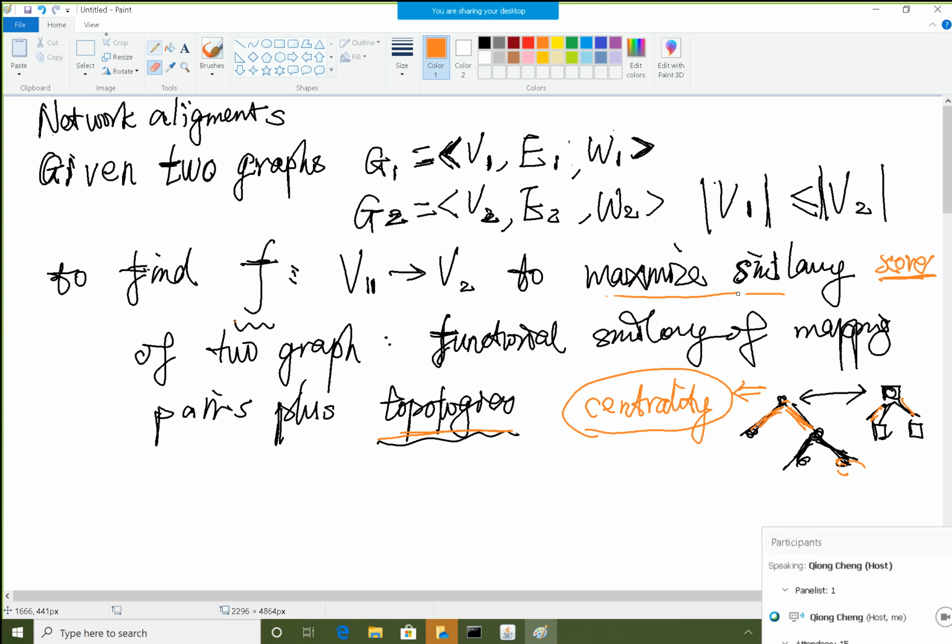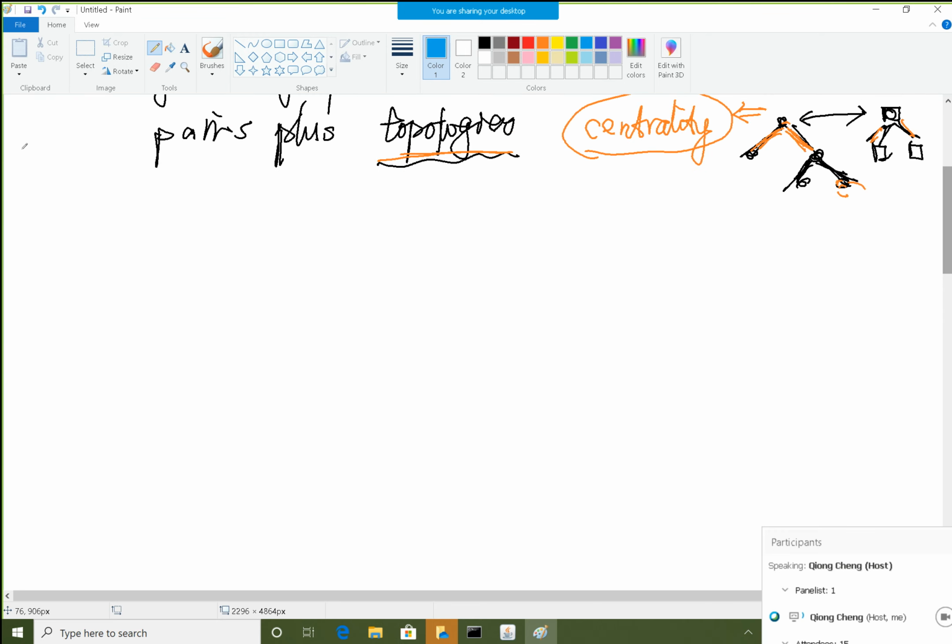So now I want to focus on PINALOG. In PINALOG, the authors make a claim. First I will talk about the underlying assumption in this method.